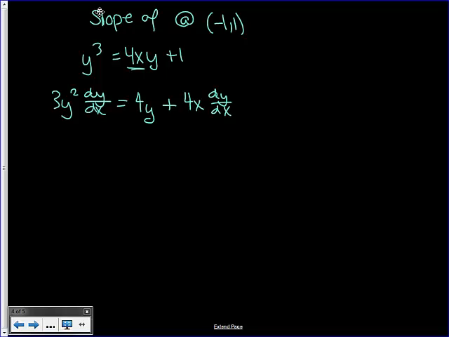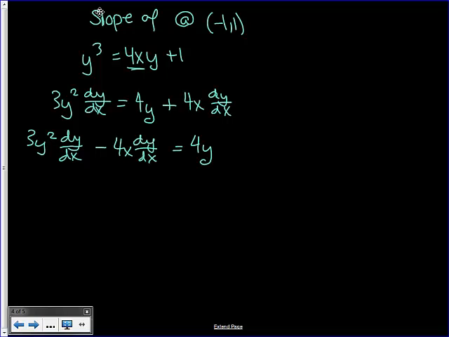The derivative of 1 is 0. Okay, well here, I don't have dy/dx just on one side, so I have to get them on the same side. So I'm going to move my 4x over by subtraction. So 3y squared dy/dx minus 4x dy/dx equals 4y.